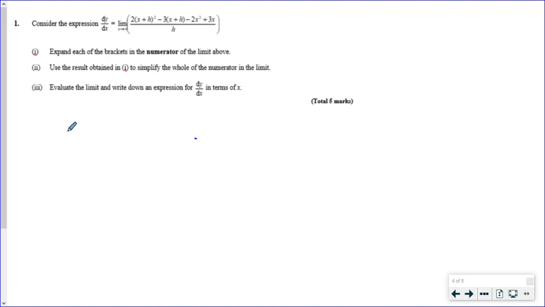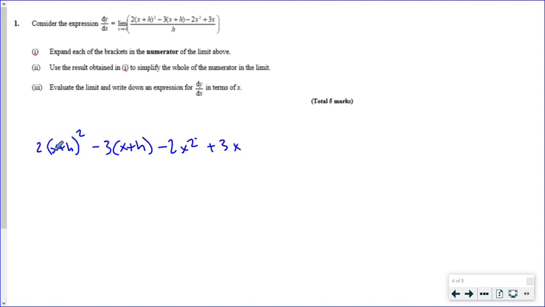Okay, so they're saying just expand the numerator. That means get rid of these parentheses here. So if I've got 2(x plus h) squared minus 3(x plus h) minus (2x squared plus 3x), and in applications you have a question exactly like this on the test. I just changed the numbers, that's all. So they just want you to get rid of these parentheses.